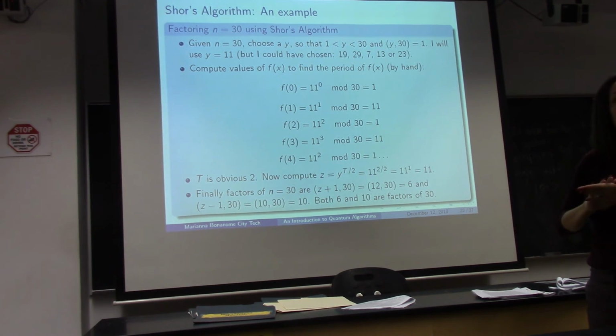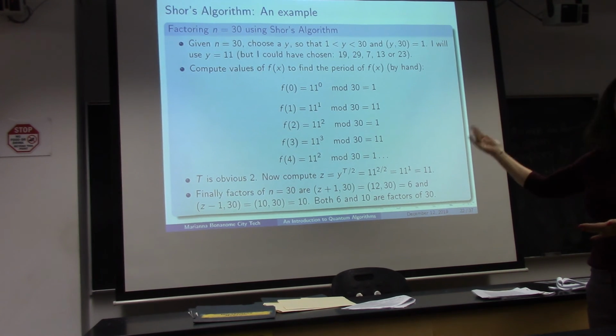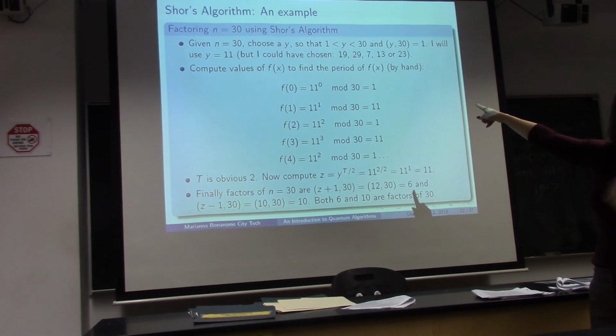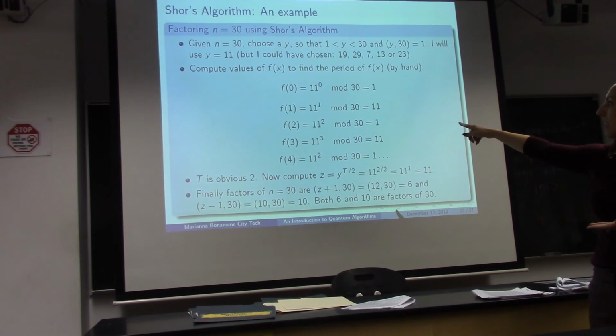Now that you have that in your hand, you compute this exponentiation function. So we take 11, raise it to 0, working mod 30, we get 1. 11 to the power 1 has a remainder of 11, mod 30. 11 squared, which is 121, has a remainder of 1, mod 30. So you work mod 30.